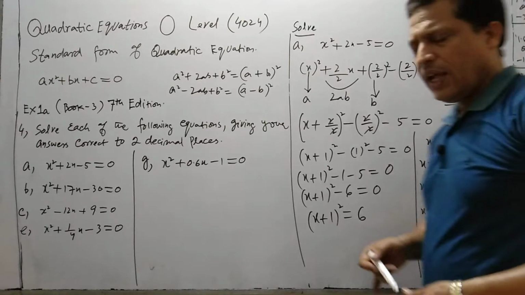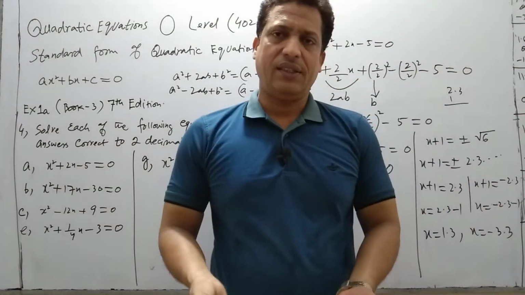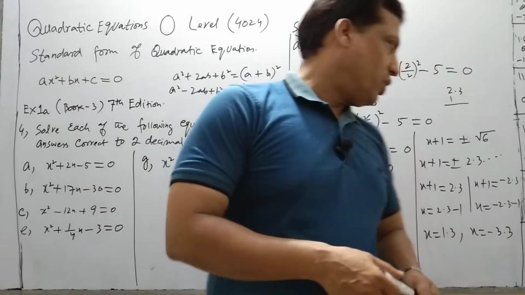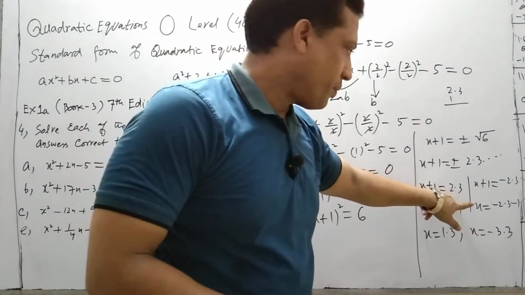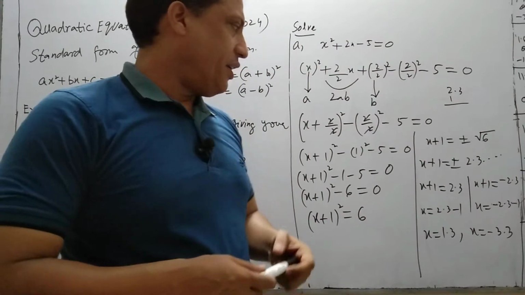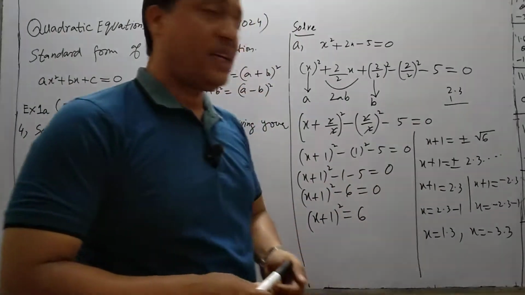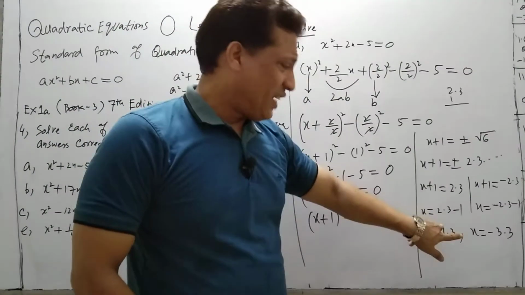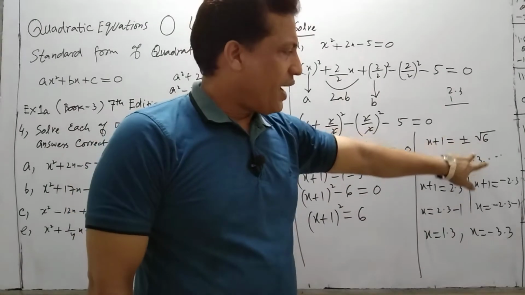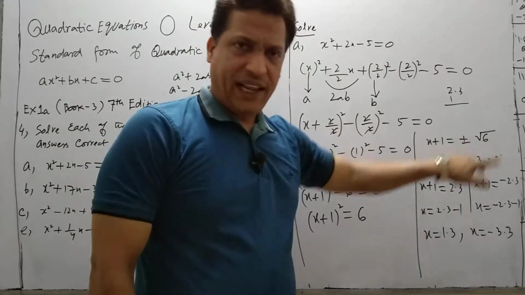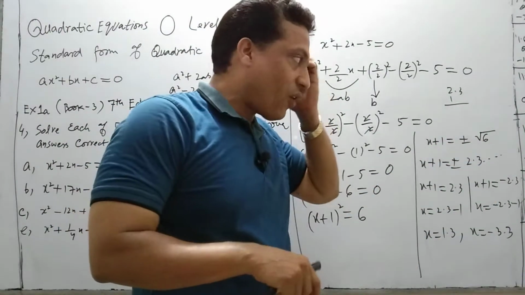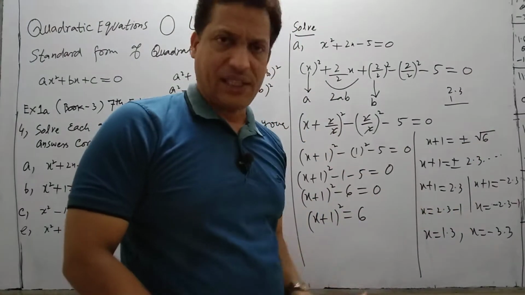Hope you understand. Actually, I don't have a calculator right now, so I am feeling difficulty finding the values. But you have a calculator. Check this answer. Maybe I did not write 2.3 correctly. So kindly check the answer from your calculator and then correct this.